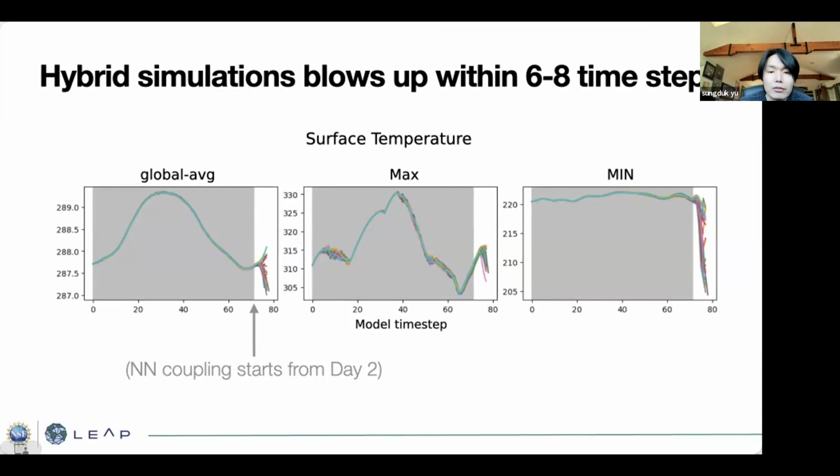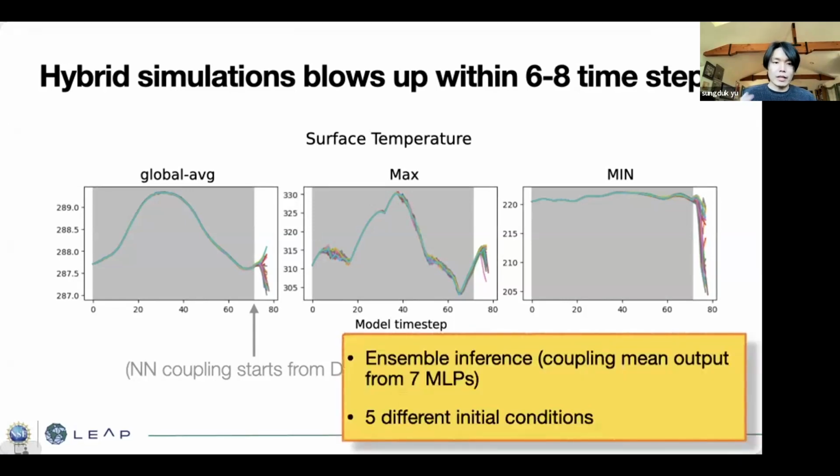Looking at the spread across the 30 MLP models beyond the gray shading area, we can guess that there are multiple pathways of model crash. There's a little more analysis, but I will not show it in this talk. Our previous work showed that ensemble prediction can stabilize hybrid simulation, so I tested ensemble MLP models, but it didn't help.